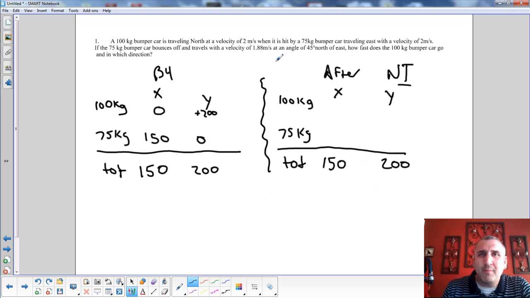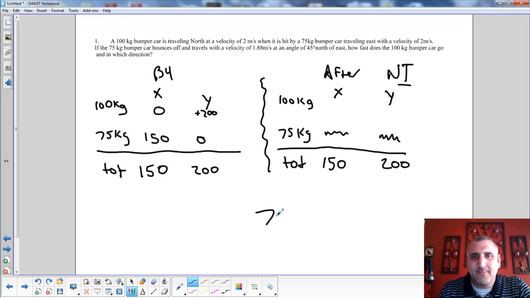Now remember the fact that I gave you the 75 kilogram bumper car after the collision? Well, that means I'm going to be able to write something here, and something here. Because I tell you, the 75 kilogram bumper car does something after the collision. So I'm going to have numbers to fit after. What are those numbers? Well, I've got a velocity, 75 times 1.88 meters per second, 45 degrees north of east.